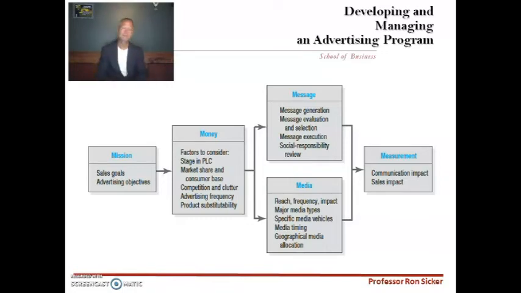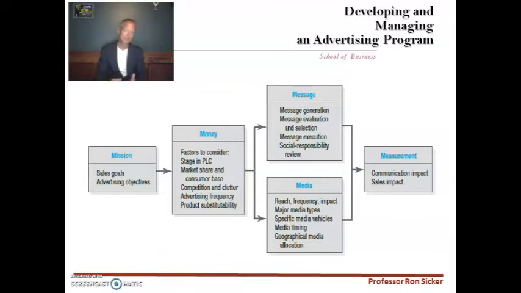So then once you decide what kind of money you want to spend, what kind of message you want to send, then you've got to generate the message. You've got to evaluate the message. You've got to say, is it saying what I want it to say? Then you've got to execute the message. You've got to pick your media, and again, reach is how many people see. Frequency is how often they see.